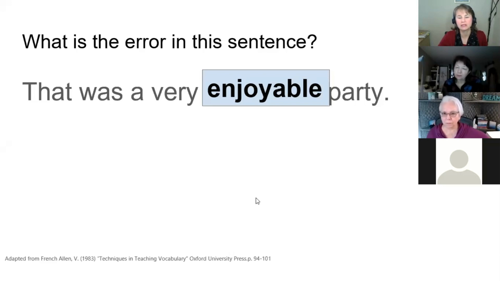School is usually a noun, but in this case, it's describing the bus. Well, actually, that's a compound word, really two nouns put together as one. But yes, you're kind of right. The school is functioning as an adjective in that case. But really, that's a compound noun. It's two nouns put together as a new noun.